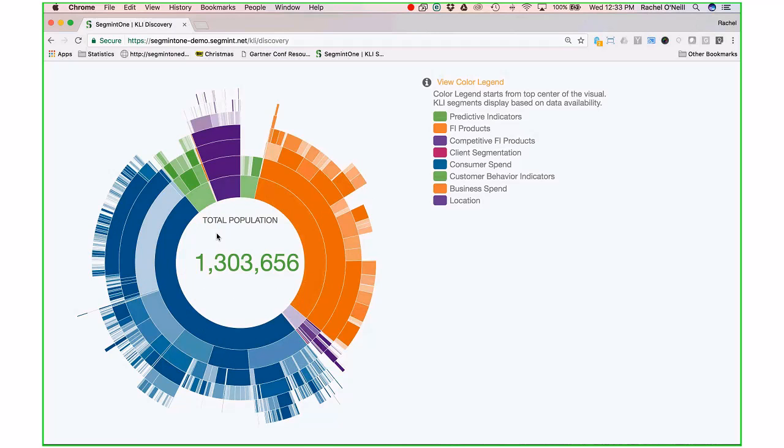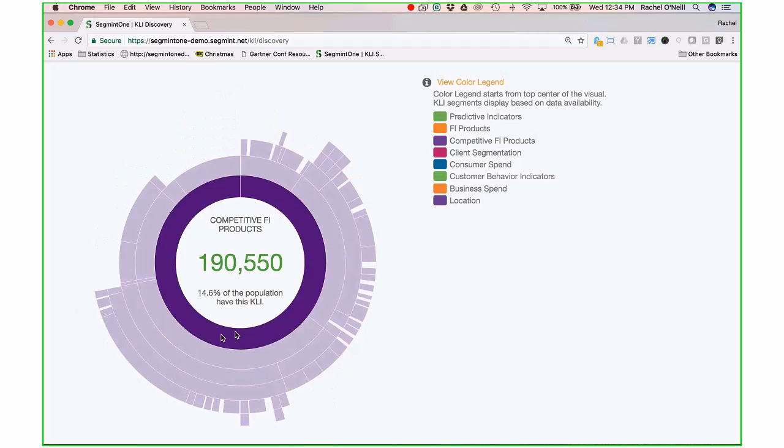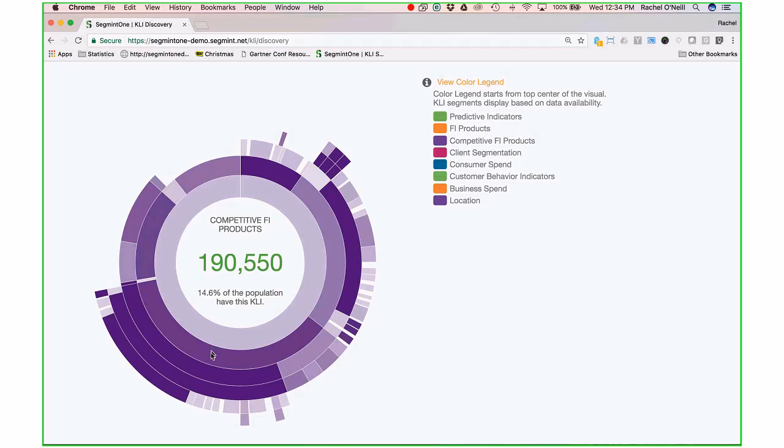Other visualization tools we have in this platform are also around the competitive information. When you think of the type of data that Nate was talking about earlier, we're going to see a variety of competitive information. So, for instance, I can see who's got a competitive credit card, or who's paying a payment to a competitive institution.